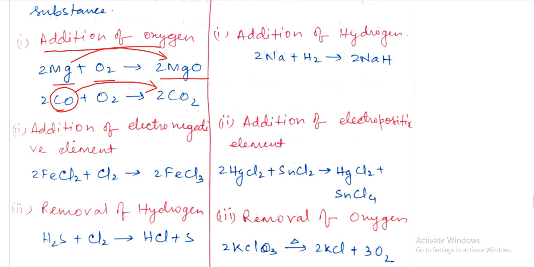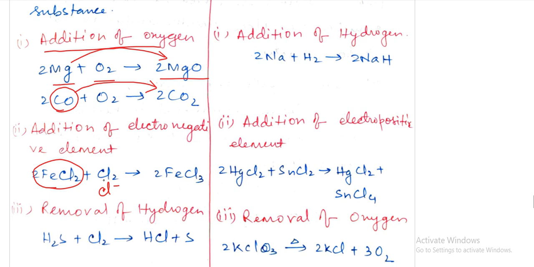Next, addition of an electronegative element. If oxygen is added, it is called oxidation, and if an electronegative element is added, then also it is called oxidation. Take the example of FeCl2, that is ferrous chloride. When ferrous chloride reacts with chlorine, chlorine is added. Chlorine radical is Cl minus, that means it is an electronegative radical.